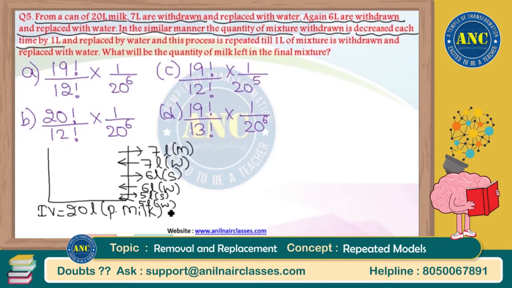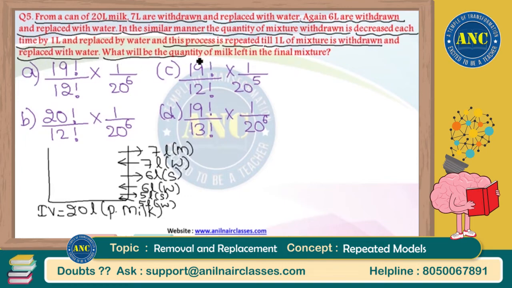Again 3 liters of mixture is taken out, 3 liters of water is added. And then 2 liters of mixture is taken out, 2 liters of water is added. Till when should I use the same process? Till 1 liter of mixture is withdrawn. That means the last step is 1 liter of mixture is taken out, and it is replaced with 1 liter of water.